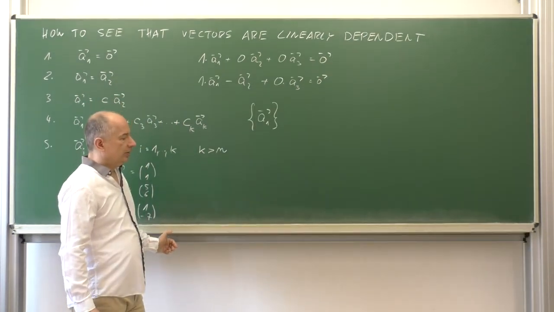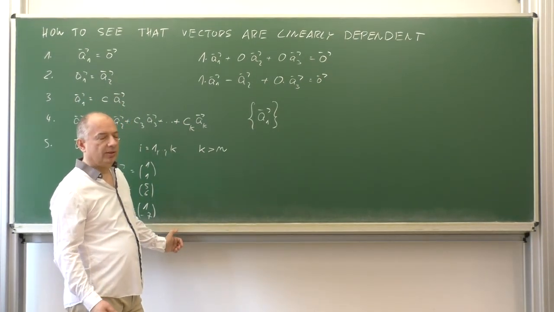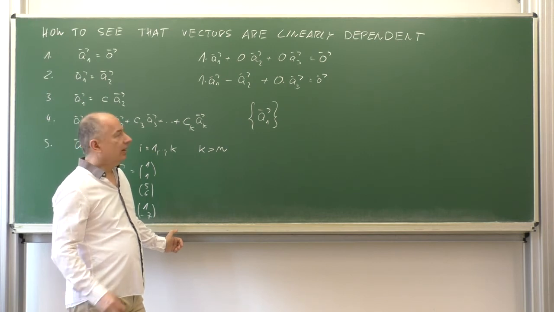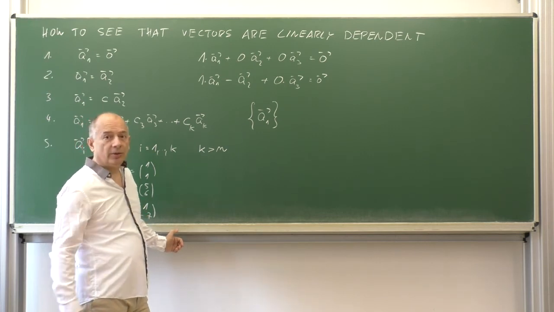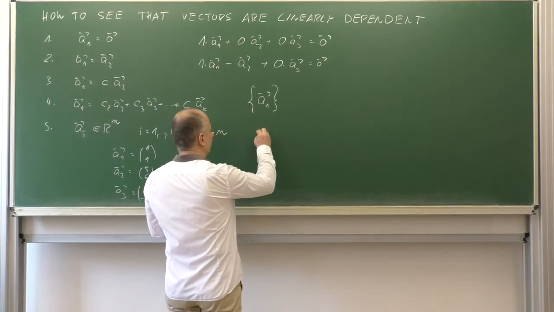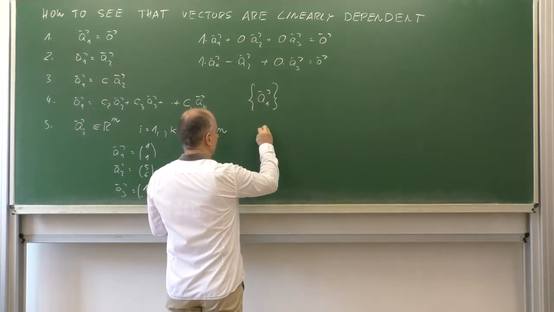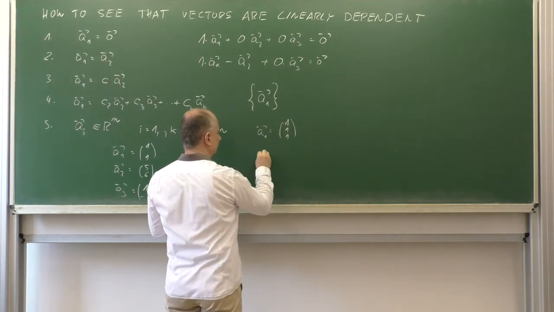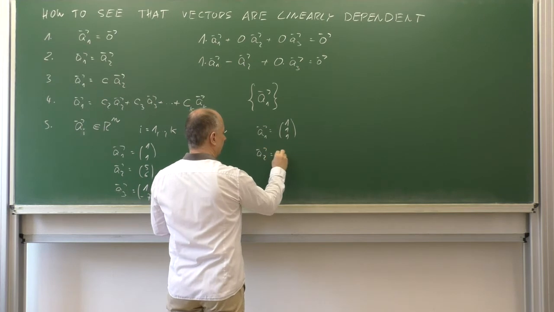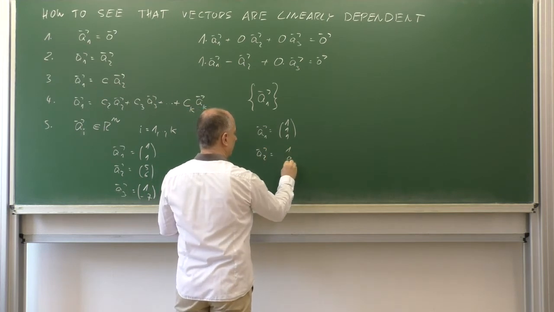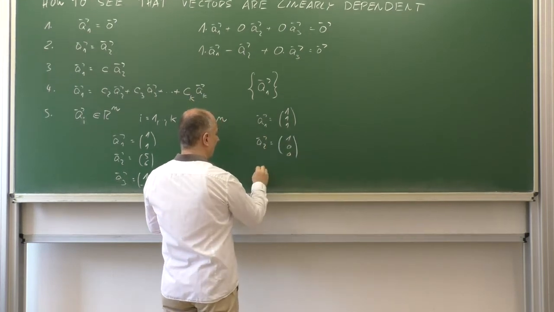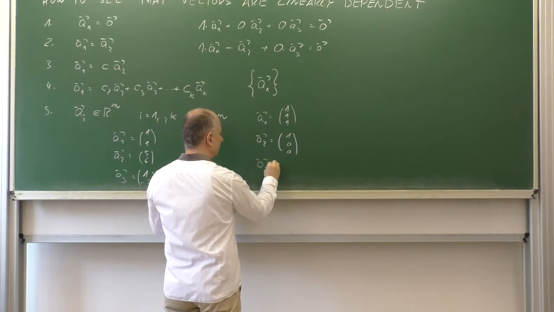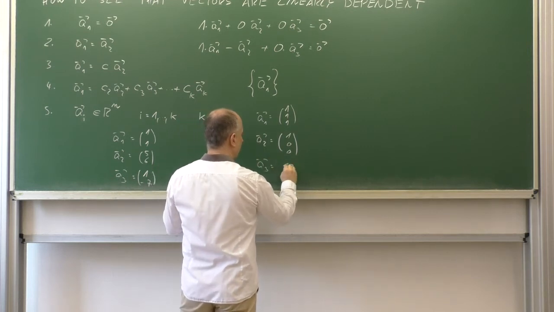Also, the difference of the meaning in mathematics and in natural language is illustrated by the following example. Imagine we have 3 vectors. Say, a1 will be (1, 1, 1), a2 will be (1, 0, 0), and a3 will be (10, 0, 0).